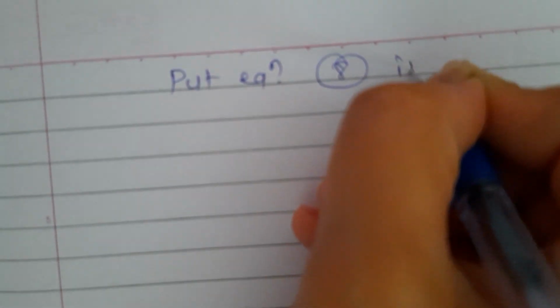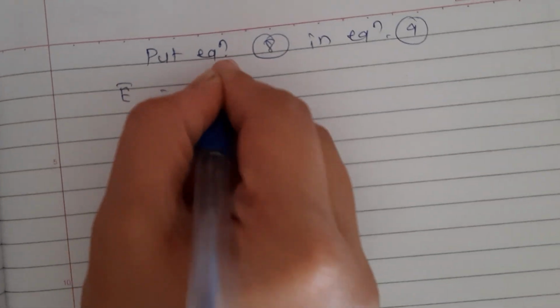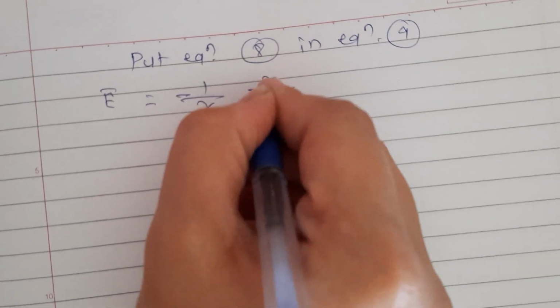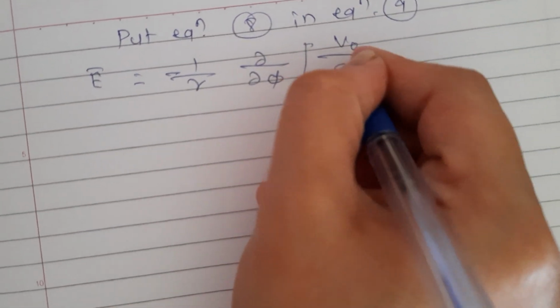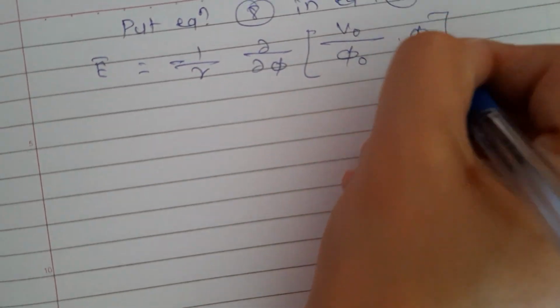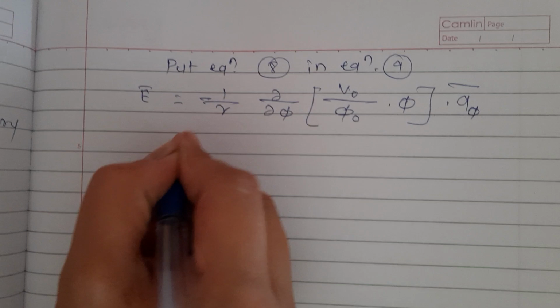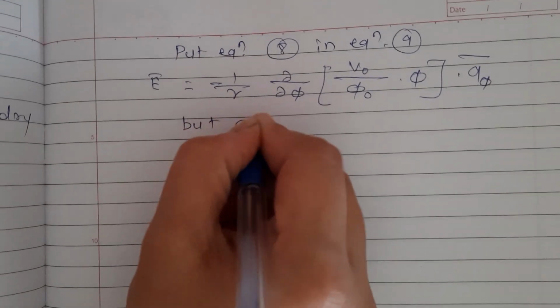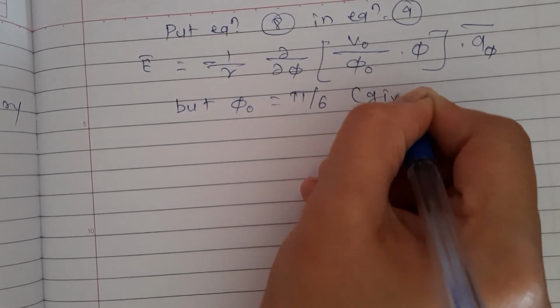This is equation 9, I think. Now put equation 8 in equation 9. So we get E bar is equal to minus 1 by R d by d phi of V0 phi by phi 0 A phi bar. But phi 0 is equal to pi by 6. It is given.